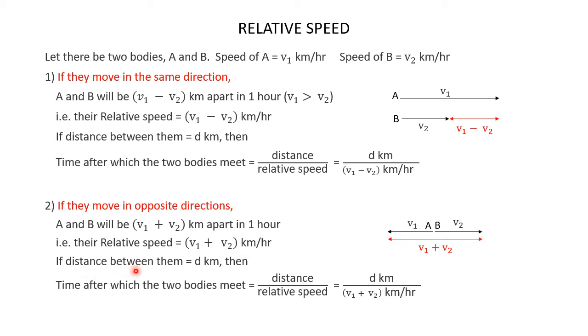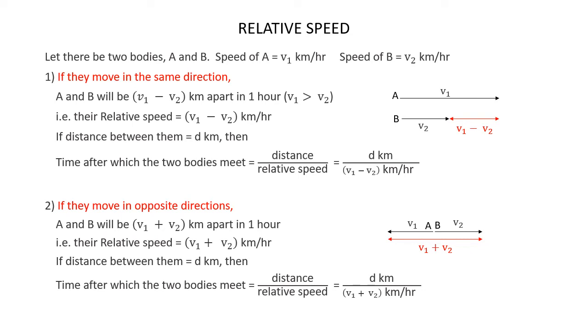Now, if the distance between them is d kilometers, then the time after which the two bodies meet is equal to distance divided by relative speed, which is nothing but d kilometers divided by v1 plus v2 kilometers per hour.